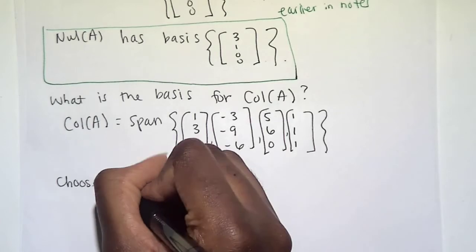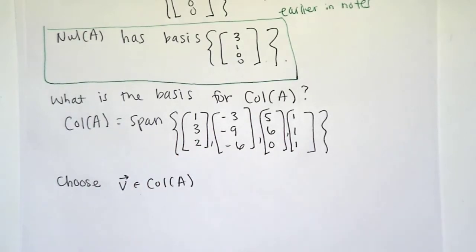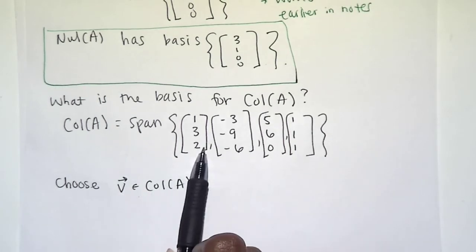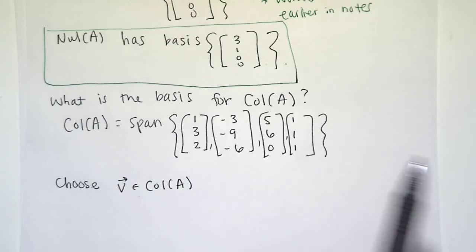All right, so let's choose any vector v in the column space of A. That means v can be written as a linear combination of these vectors.